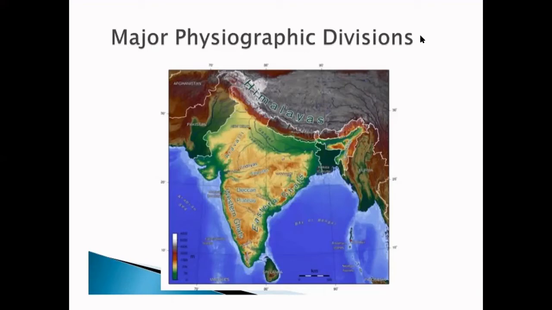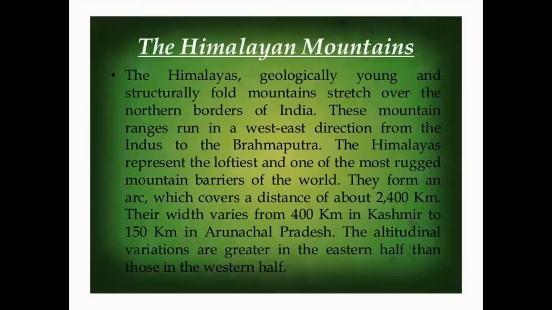The Himalayas represent the loftiest and one of the most rugged mountain barriers of the world. They cover a distance of 2,400 kilometers and their width varies from 400 kilometers in Kashmir to 250 kilometers in Arunachal Pradesh.